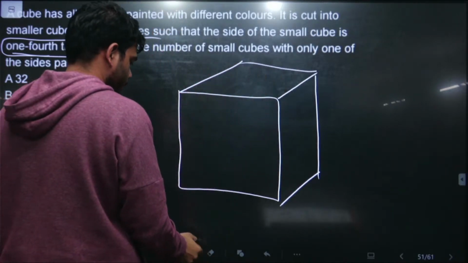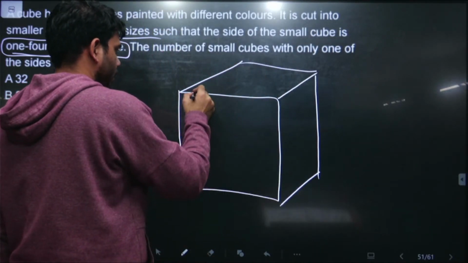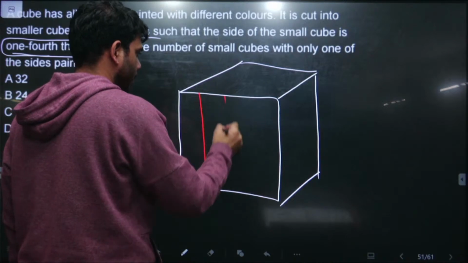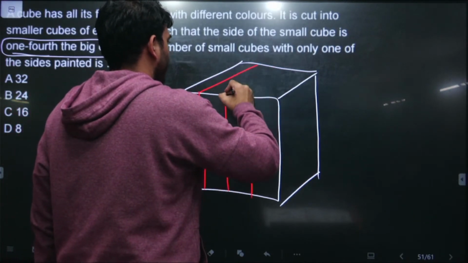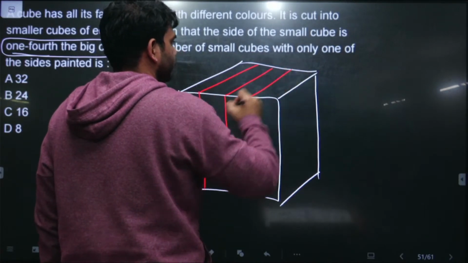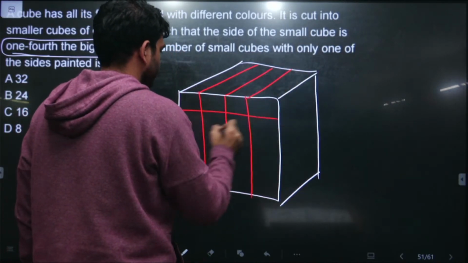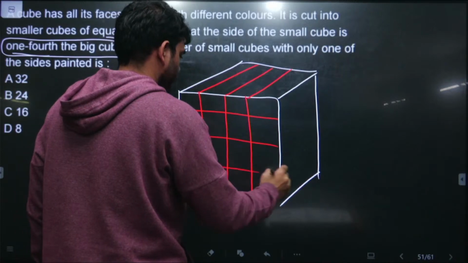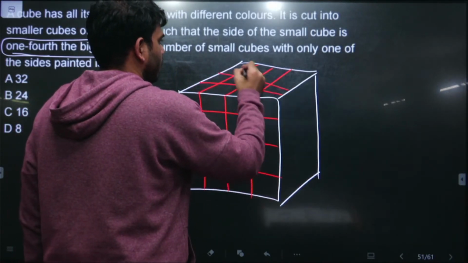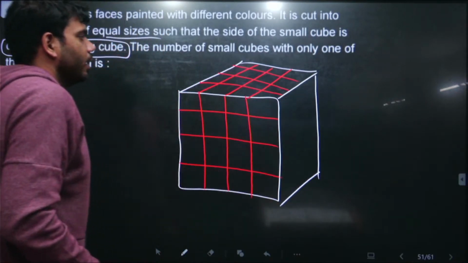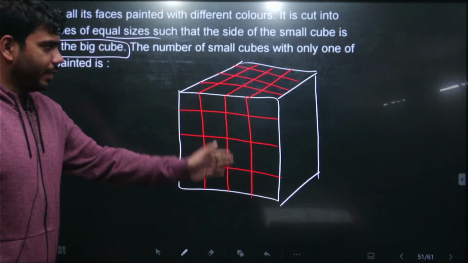This is the cube. Right, ये जो reds हैं, these are the cuts.